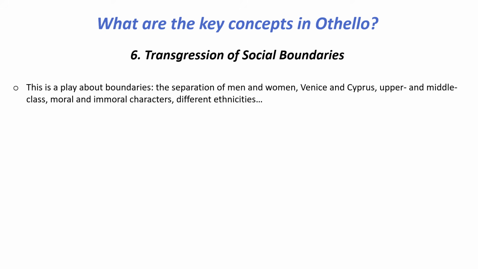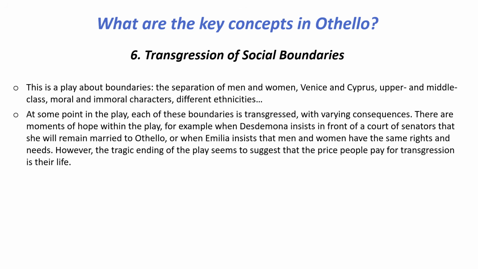You know, it's a reasonable thing to say. And so that boundary between morality and immorality becomes blurred. And then for Othello at the end of the play, we see that he so believes that Desdemona needs to be punished, that he kills her, but he believes that killing her is an act of morality, it's an act of justice. So the different groups become quite confused in the play, and these boundaries are transgressed.